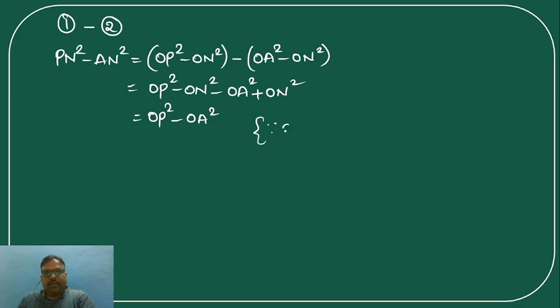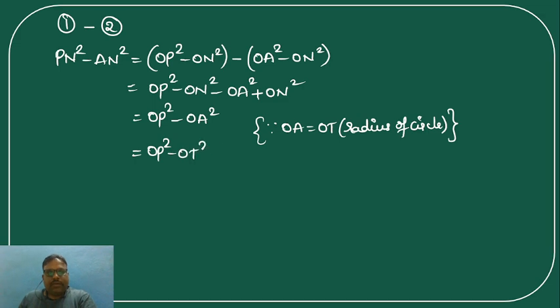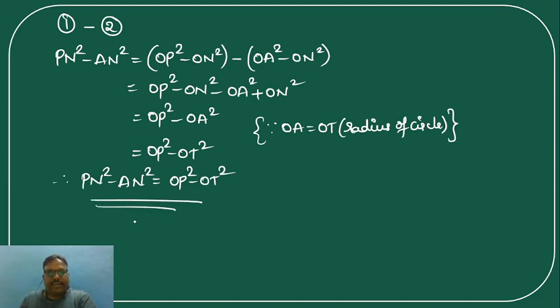Since OA is equal to OT, that is the radius of the circle, in the place of this OA I can write OT. So what I will get is OP square minus OT square. So finally PN square minus AN square is equal to OP square minus OT square. This is what we have to prove, the second condition.